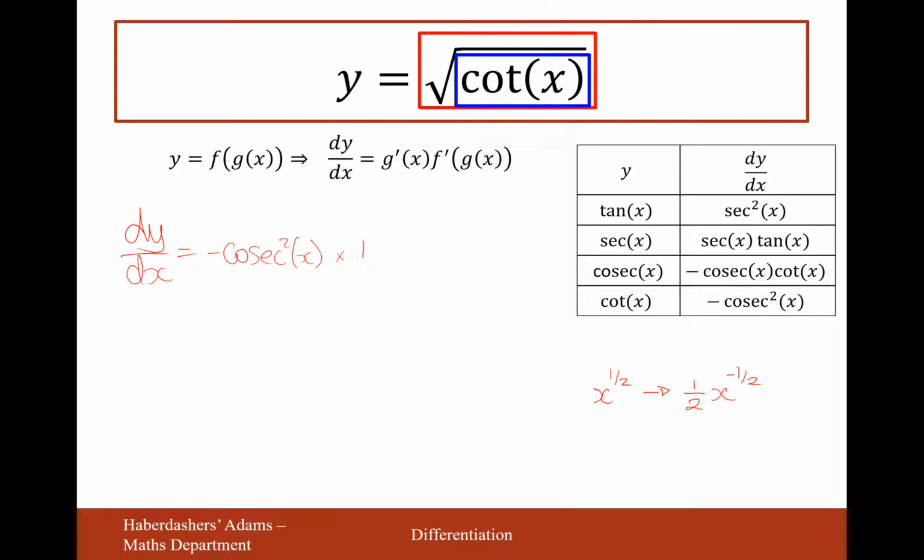So in this case it's going to be a half, but it's not going to be x to the power of minus half, it's going to be the inside function to the power of minus a half, which makes it cot x to the power of minus a half. Let's simplify this where we can. It's going to be minus cosec squared x over 2 lots of the square root of cot x. And there we are, that's the answer to this question.